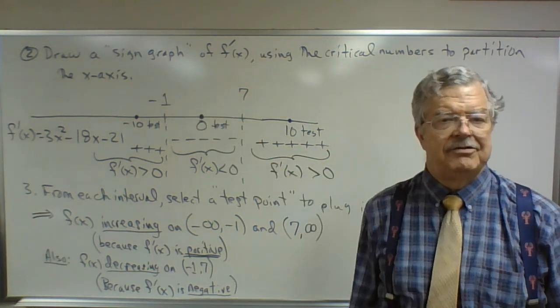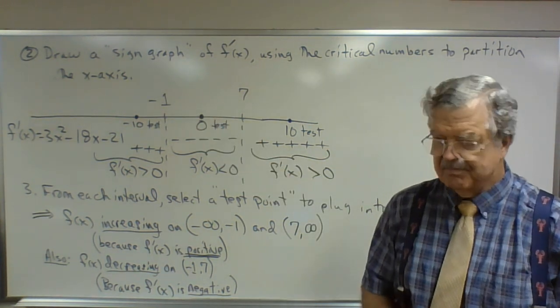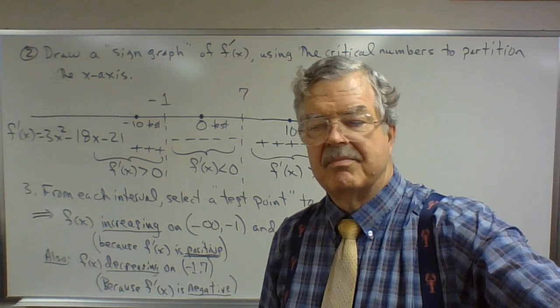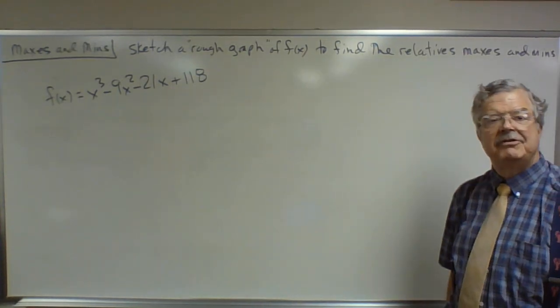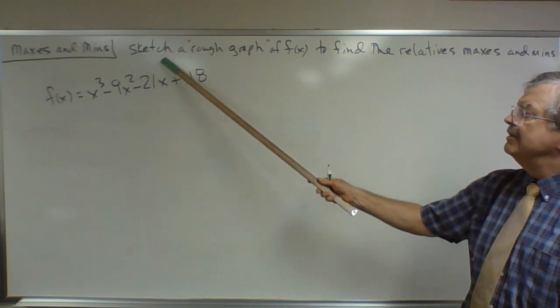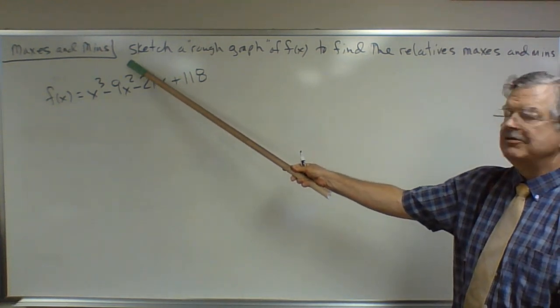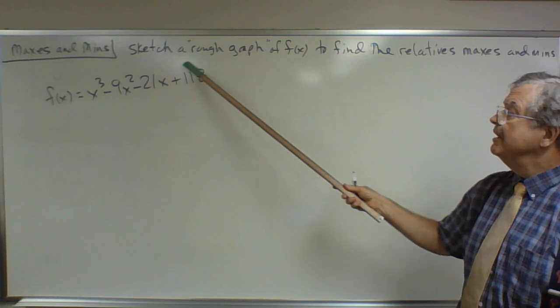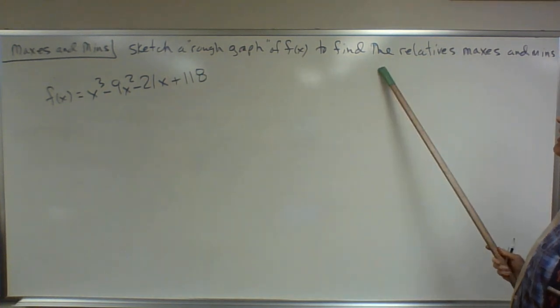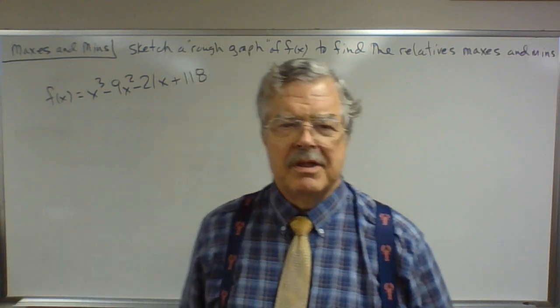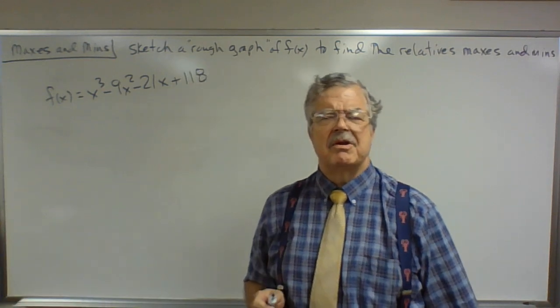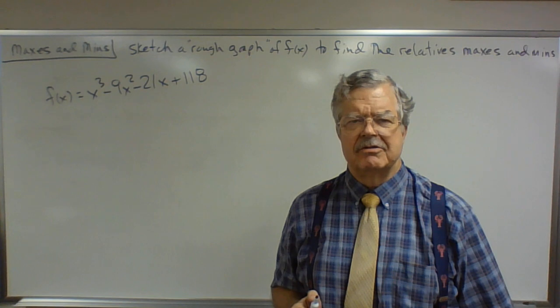On to maxes and mins. Okay. We use the information that we've gathered to find the relative maxes and mins, and we do this by sketching a rough graph of f of x. And remember here, we don't care about the x and y axis.